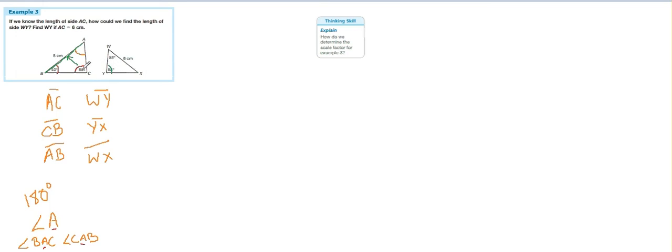So angle ACB, which is 85 degrees, is the same as angle WYX. See that? And then we've got a missing angle here and a missing angle here. But if we can determine that all of these angles match up, then we'll know for sure they're similar.